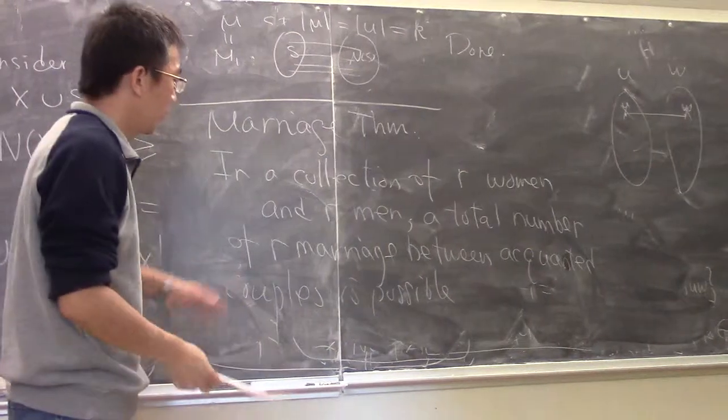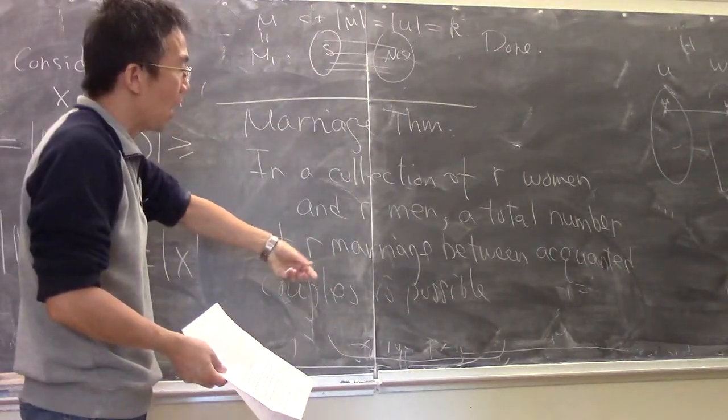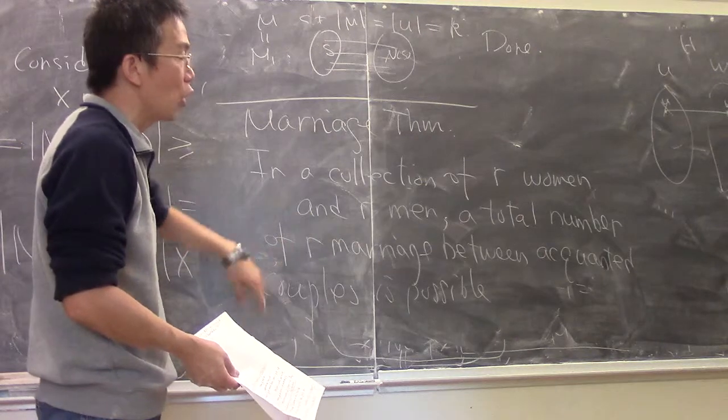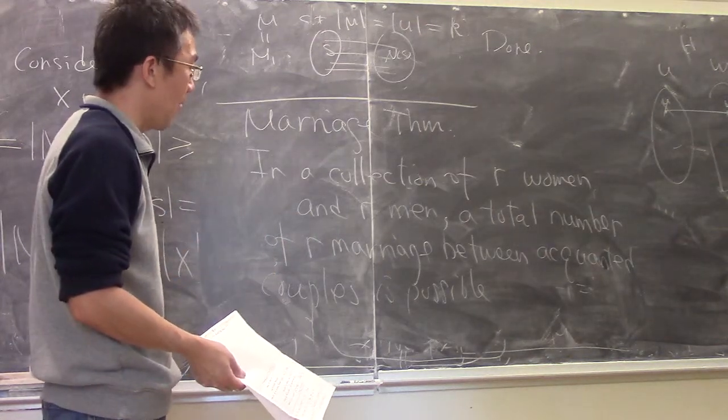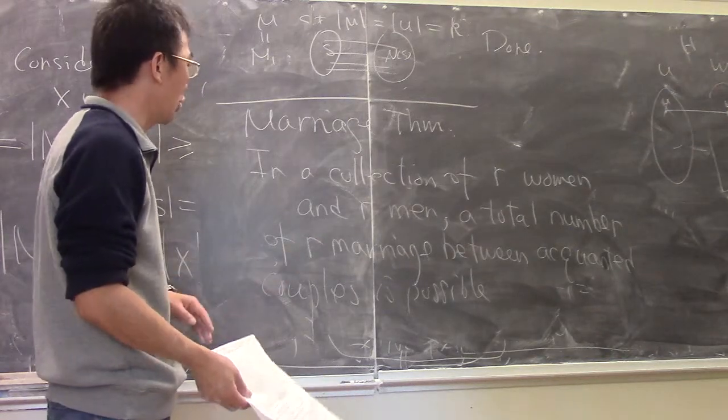I want a marriage between man and woman. They already know each other quite well, right? So that's a condition for the marriage. A man and woman have to know each other quite well.